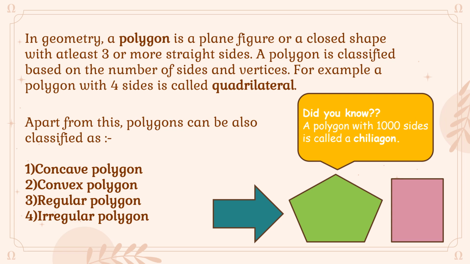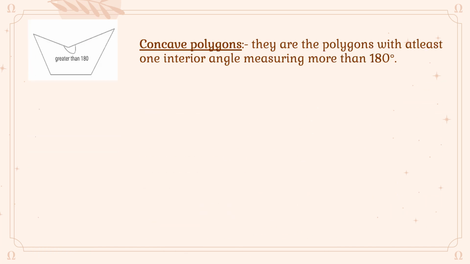Apart from this, polygons can also be classified as follows: concave polygons, convex polygons, regular polygons, and irregular polygons. Let's see one by one. First one, concave polygons. They are the polygons with at least one interior angle measuring more than 180 degree.